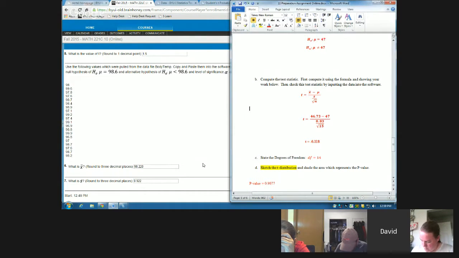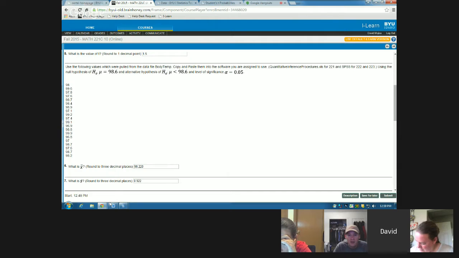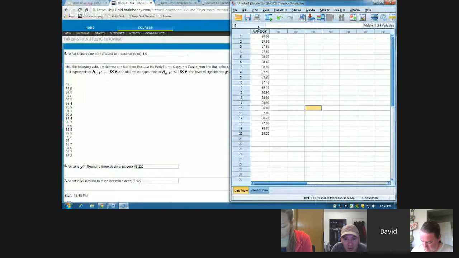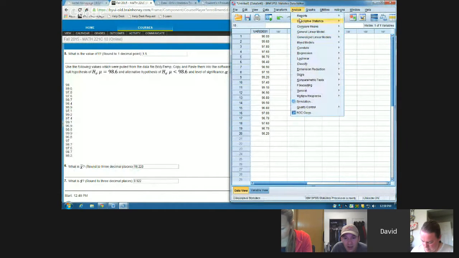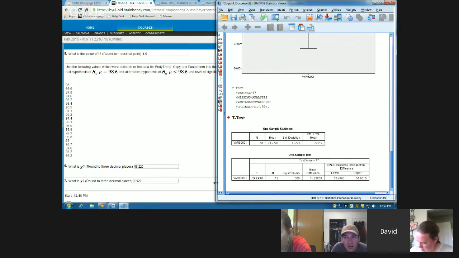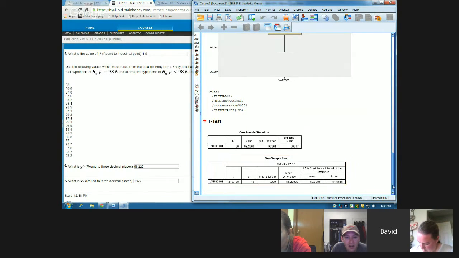And that's using the S divided by square root of n, the margin. We've got to do the formula. It doesn't give it to us on SPSS. I don't know how that works. Well, I don't see anything on there that says T-score. If you go to Analyze, Compare Means, One Sample T, then it gives us down here T, but I don't know if you're supposed to do something else.